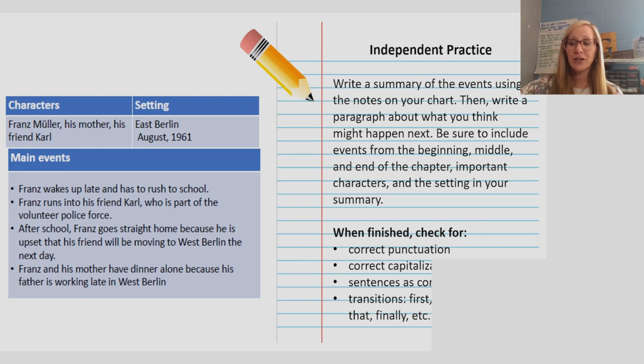Once you have written your paragraphs, go back and check for correct punctuation and capitalization. Make sure that each sentence expresses a complete thought. Add transition words to help a reader follow the flow of your ideas. Transitions could be words like first, next, then, last, also, while, finally.